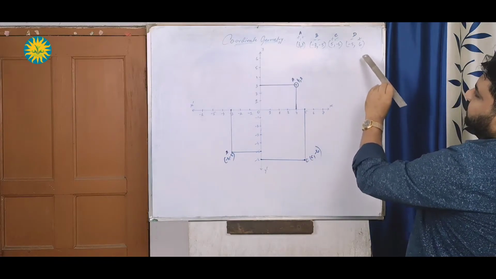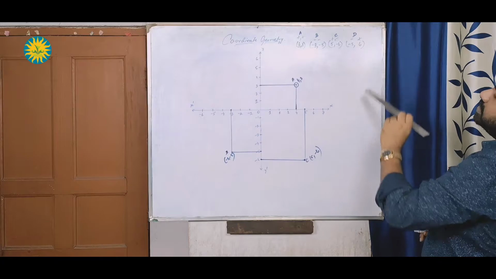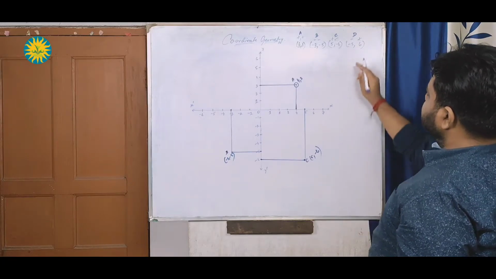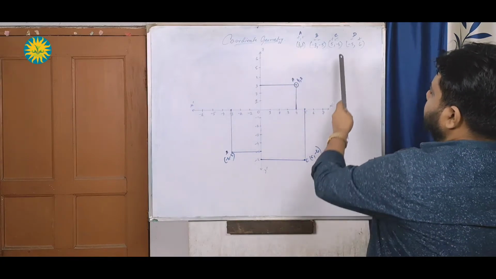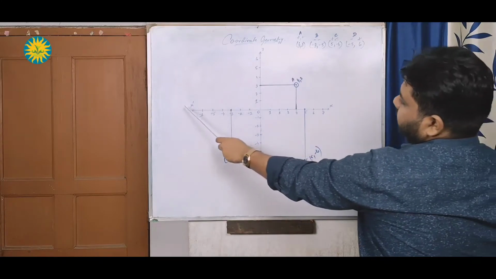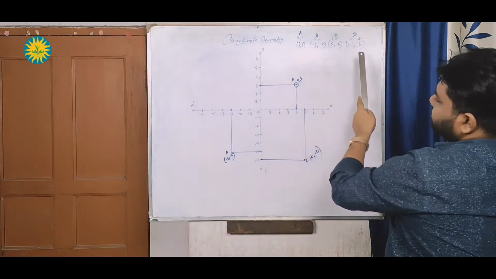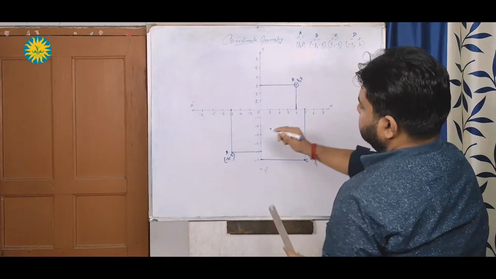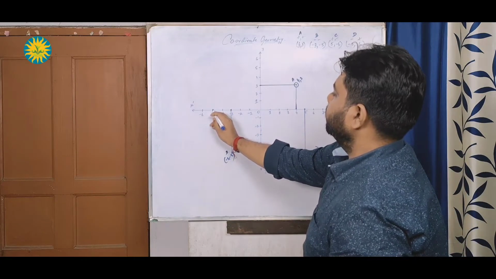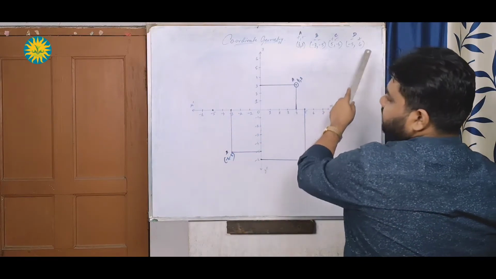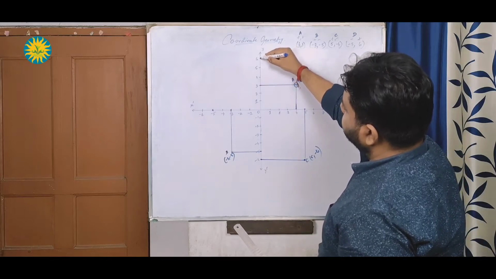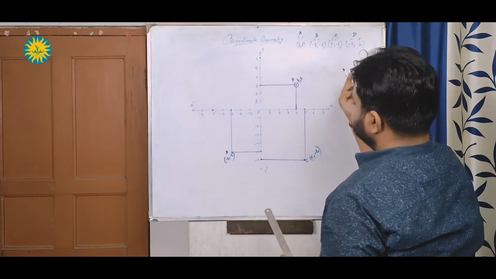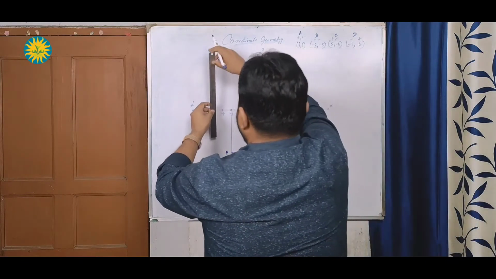Now point D, that is -5 comma 6. -5 comma 6 means this will be in the second quadrant, the negative-positive quadrant. -5 on the x axis is this coordinate, and 6 on the y axis is this point. Just join the points.